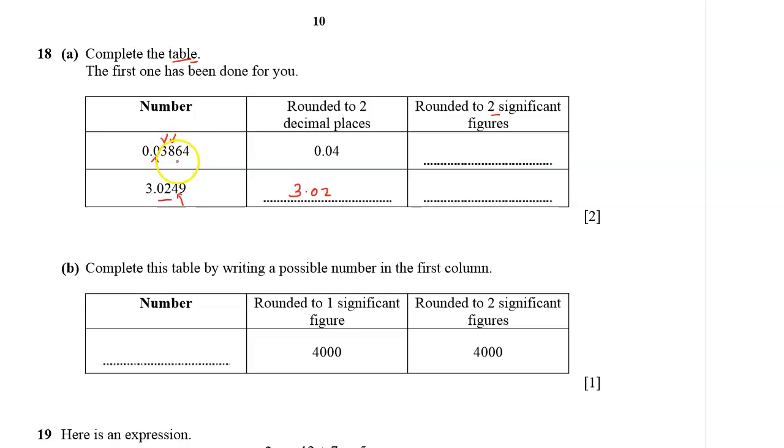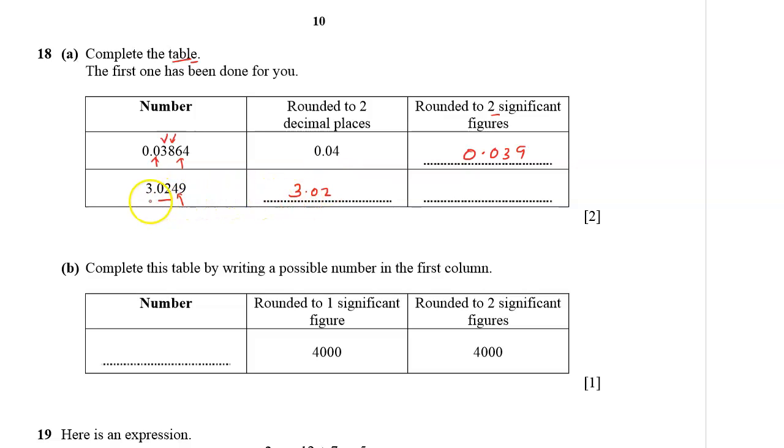Since we are writing to 2SF, we consider the third significant, which is 6, and it is greater than 5. Therefore, we round off to the higher number, which is 0.39. So this becomes 0.039 to 2SF.